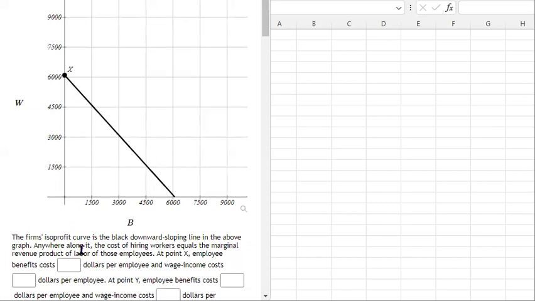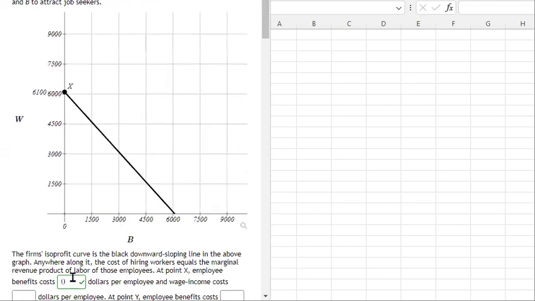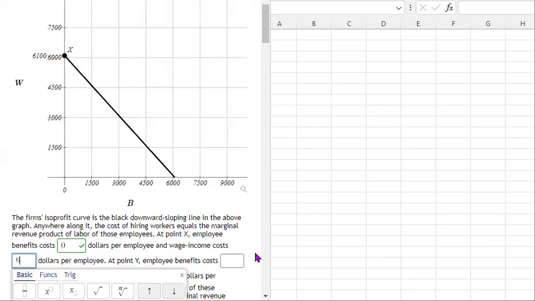At point X, employee benefits cost what? Benefits are 0. And wage income, let me hit enter here. When employee benefits are 0, according to this isoprofit line, the monthly wage rate is $6,100 per month, per employee.